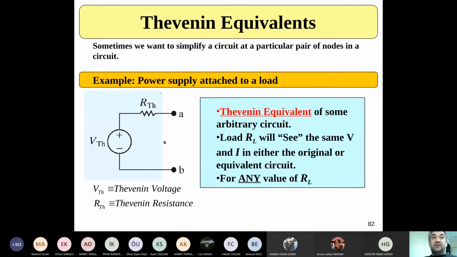When we simplify the circuitry this way, it will be valid for any device attached to these AB terminals. It will be very simplistic for us from this time on. After realizing this equivalent circuitry, it will be very easy for us to determine what's going on between the terminals A and B.